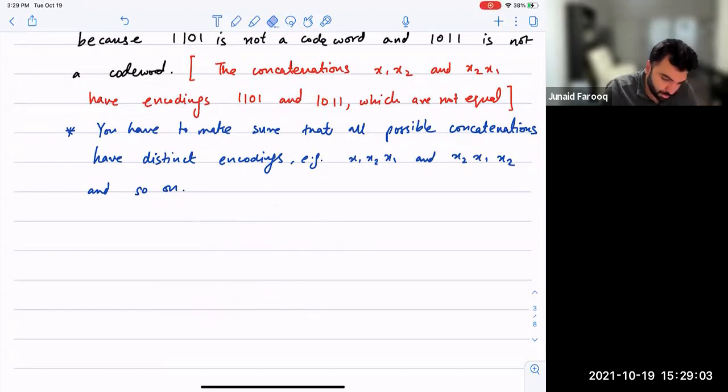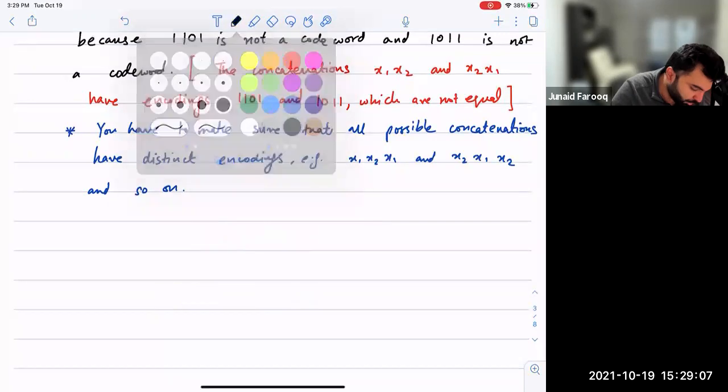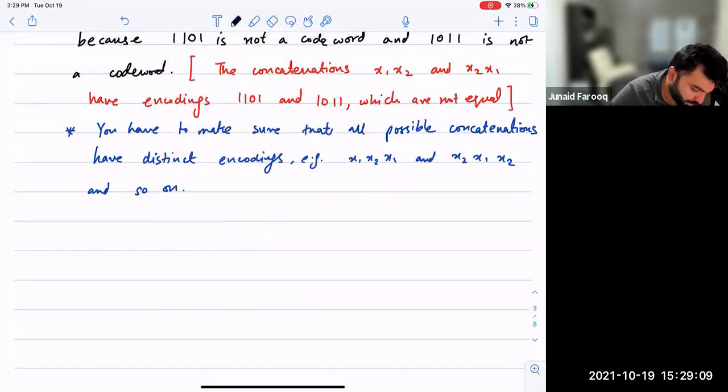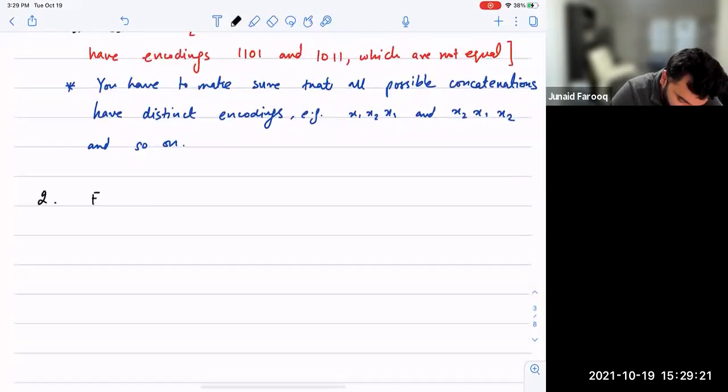We'll see more examples later on, but for now, we're just mentioning the useful properties of a symbol code that can actually be used to do source encoding. So now the second property is it has to be easy to decode.